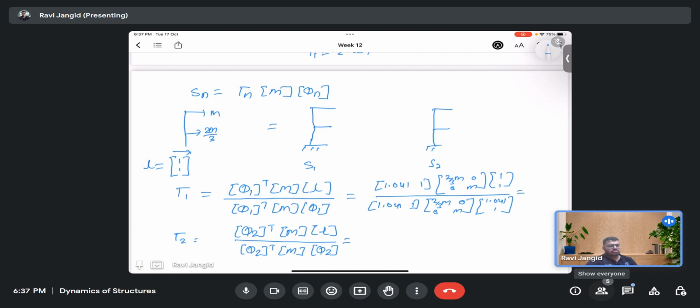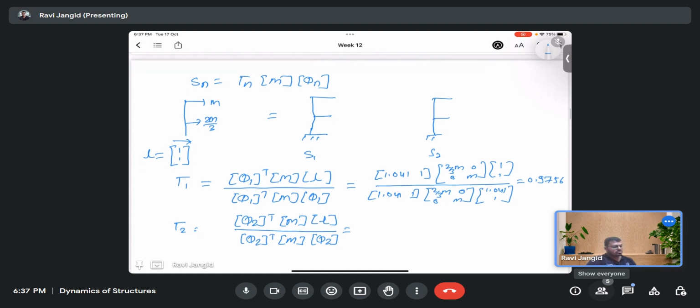It was coming out to be 0.9756. Now gamma 2 would be minus 0.641, 1, times the mass matrix 2 by 3 m, 0, 0, m, times 1, 1.